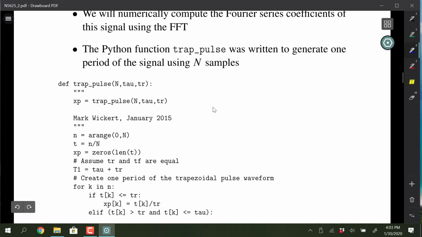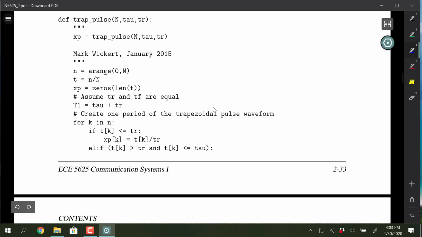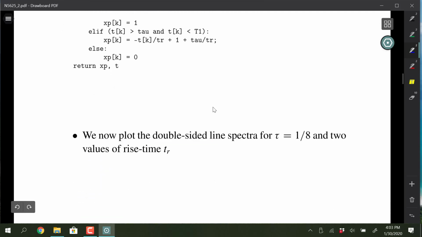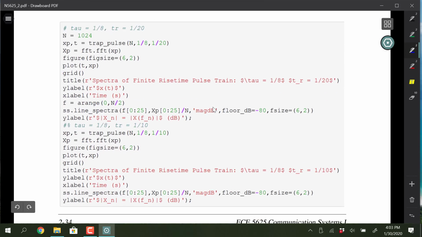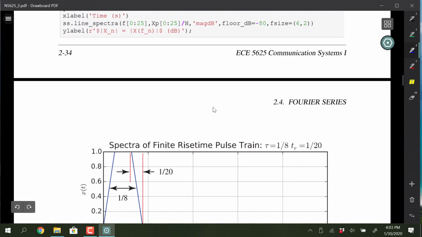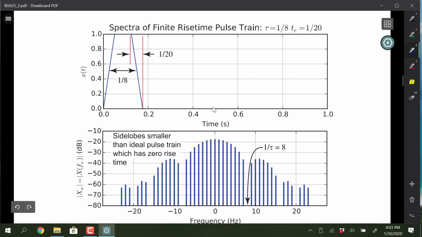So I plugged that in. I defined the waveform numerically so that I could then come along and take the FFT of it for a particular trapezoidal pulse shape, and then I get back the Fourier coefficients up there at the top, capital XP, and then I can plot the line spectra. And I just picked some ratios.